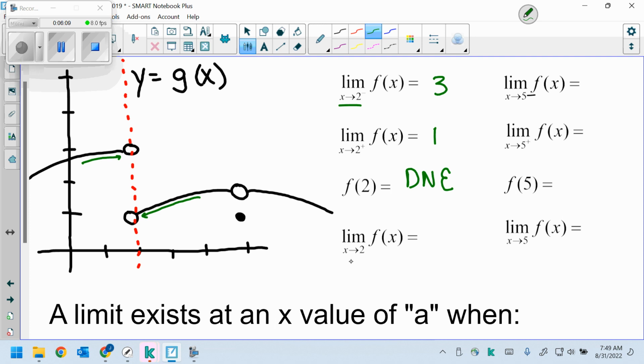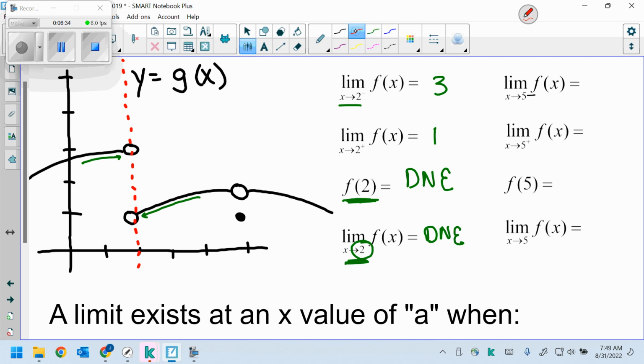But since these things don't agree, I'd have to say that my limit does not exist. I'm not concerned about what's going on at 2. I'm only approaching 2. But I have to approach from both sides unless it specifies which side to approach from. This doesn't specify. I'm coming in from both sides and they don't agree with each other. So that limit doesn't exist.